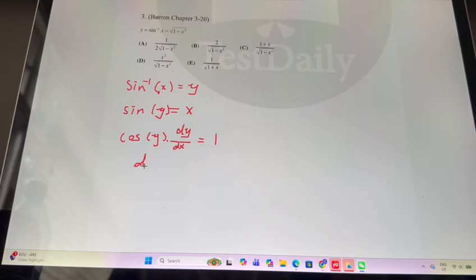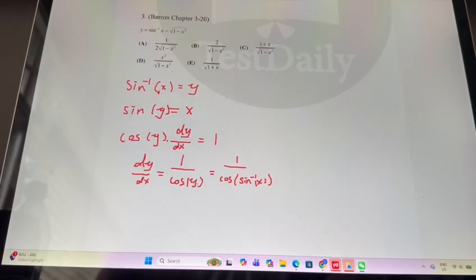So dy over dx equals 1 over cosine y, which is also 1 over cosine sine inverse x, because of the first equation.